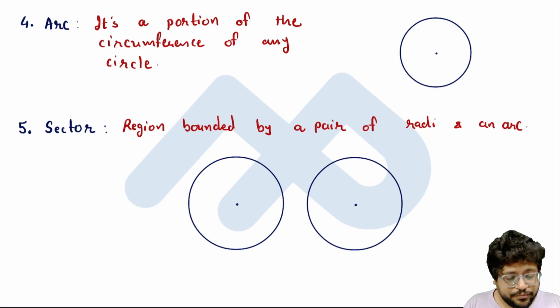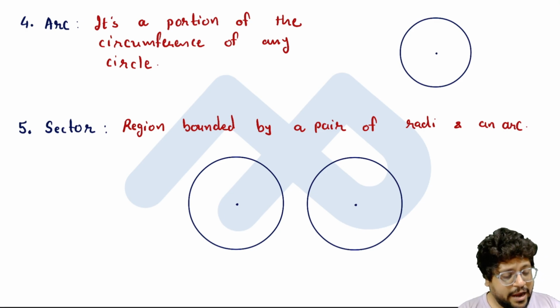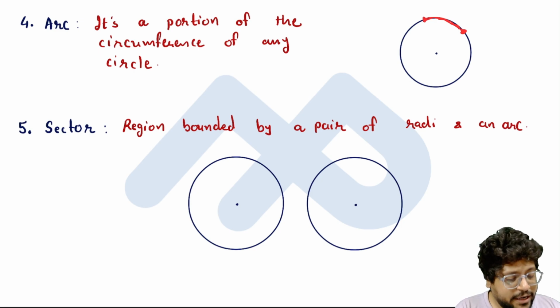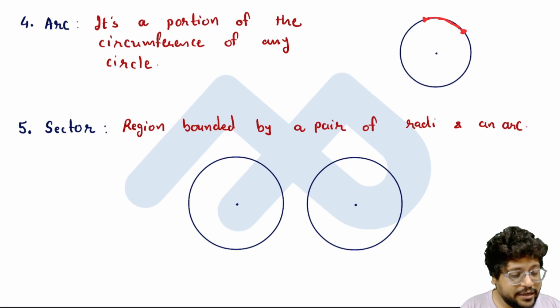Next is arc. An arc is a portion of the circumference of the circle. Circumference is basically the border of the circle, and if I take any small portion of that circumference, let's say this portion, it's nothing but an arc, right? But arcs are of two types: the major arc and the minor arc. If I take a smaller portion, smaller than the half circle, then it is the minor arc.